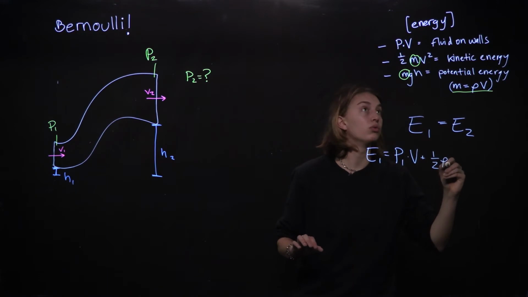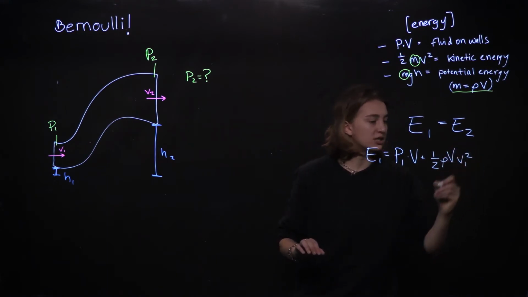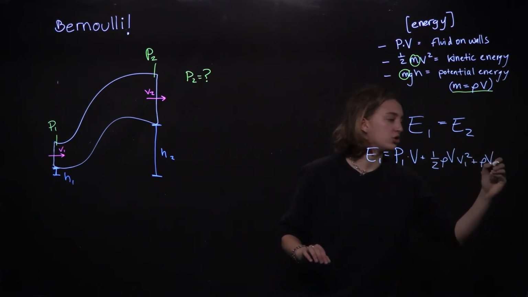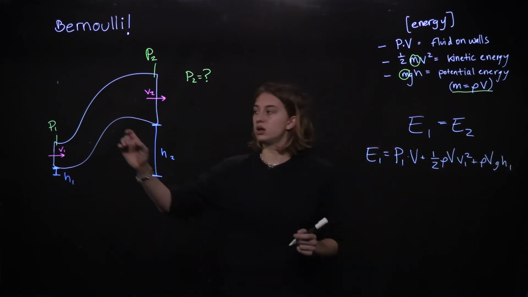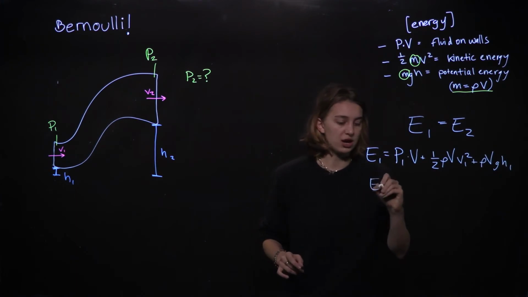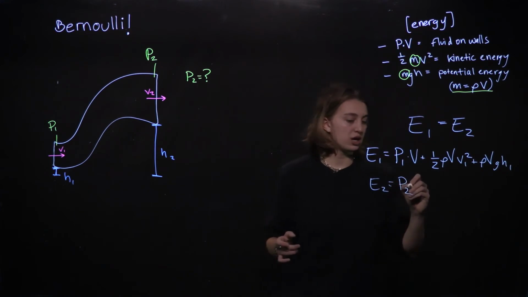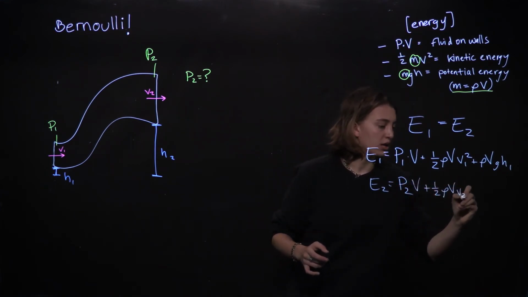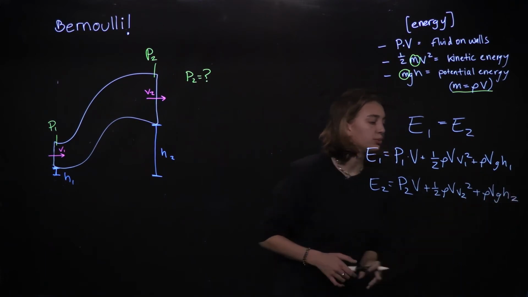So we have rho volume, don't get these two V's confused, and this is velocity squared, plus rho volume g h1. So we have h1, we have v1 there, and then our energy at position 2 is pretty much the same equation, except we're going to use our variables from the second position. So keeping rho V in place of mass, and that's 2.